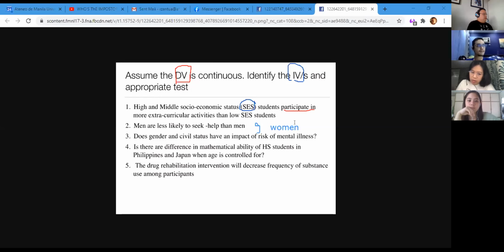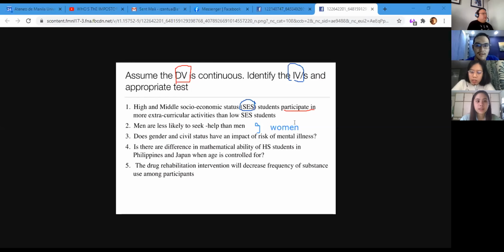Country. Philippines and Japan. Country is the IV. Sorry lang, mabagal lang natin. Nasa 3 pala ako. DV ng 3 natin is risk of mental illness.